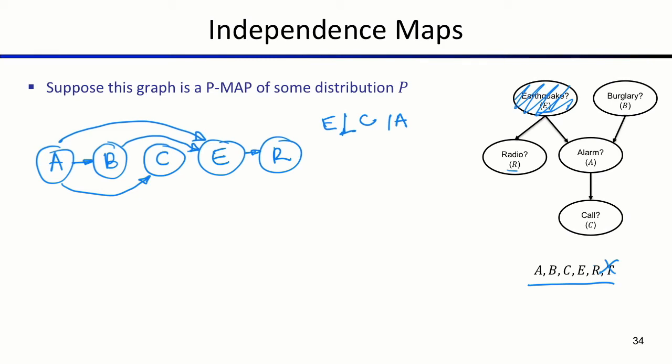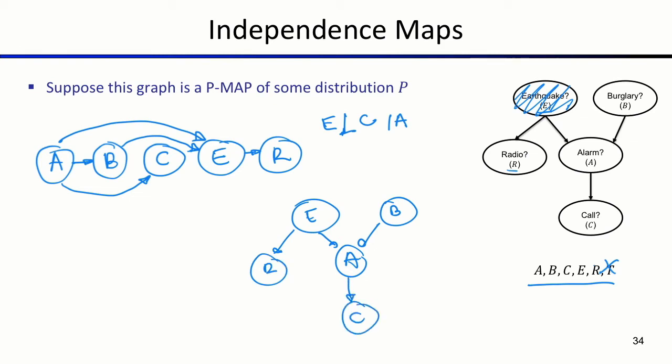So if we have the same graph that we have here, we have E and B, we have A in the middle being connected, and we have R here, and we have C here. So this is the original one, but if you look at the IMAP, let me remove those edges and see how we did with the IMAP. With the IMAP, A is connected to B, so there will be a connection like this.